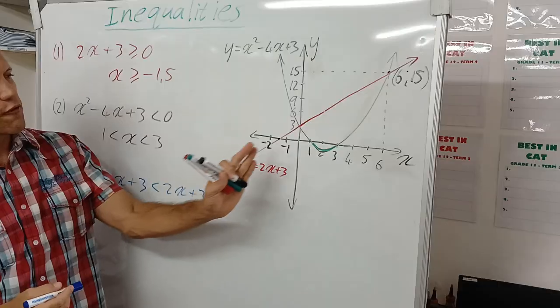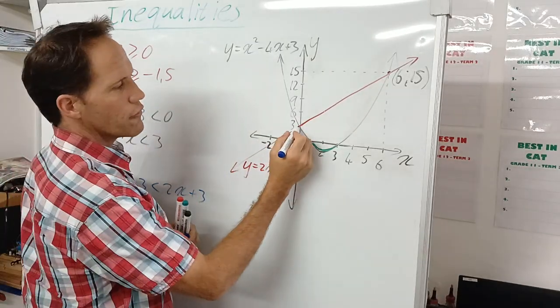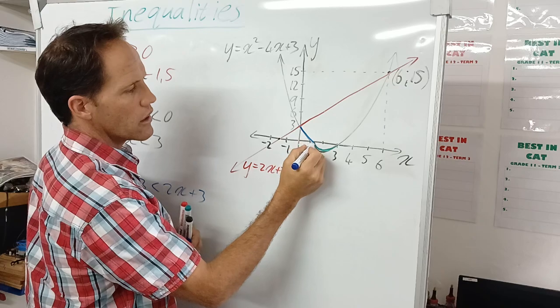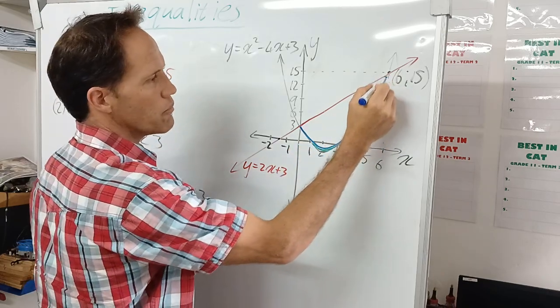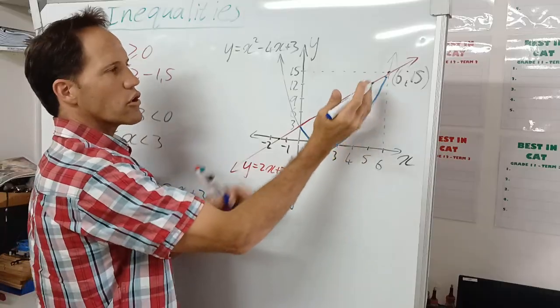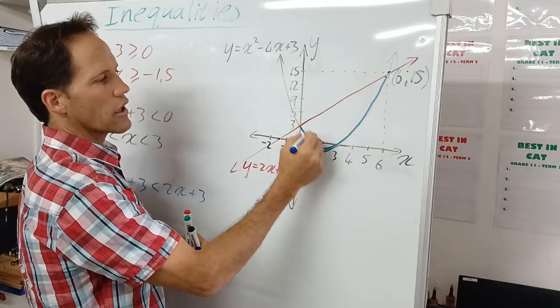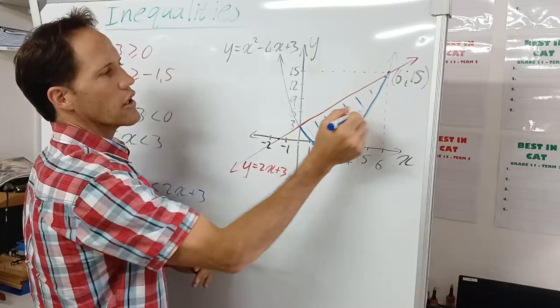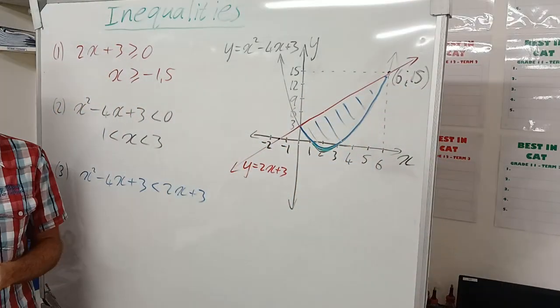So from where did that start happening? From here, all the way to there. This blue part is the part where the parabola is below the straight line. It's smaller than the straight line.